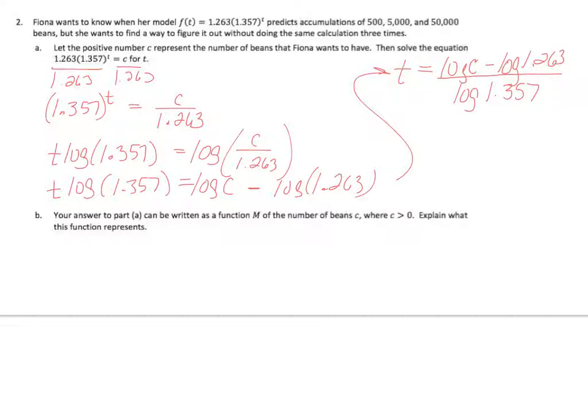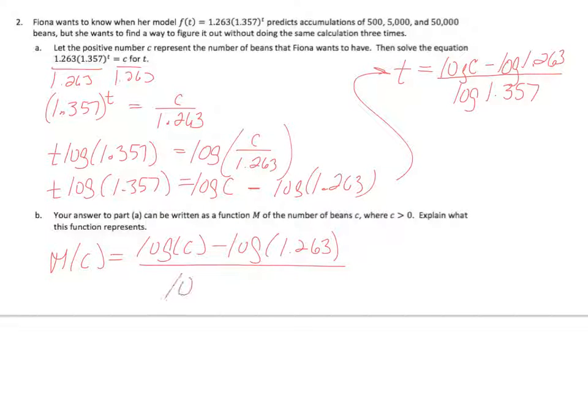Your answer to part A can be written as a function m of the number of beans C, where C is greater than 0. So that just means that m of C equals log of C minus log of 1.263 divided by log of 1.357.